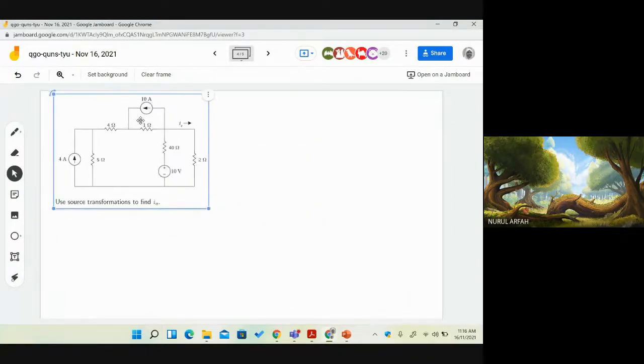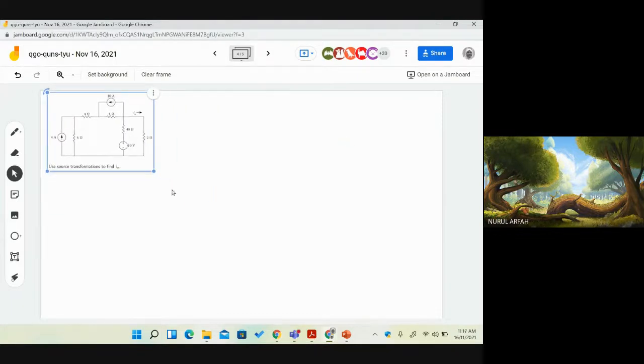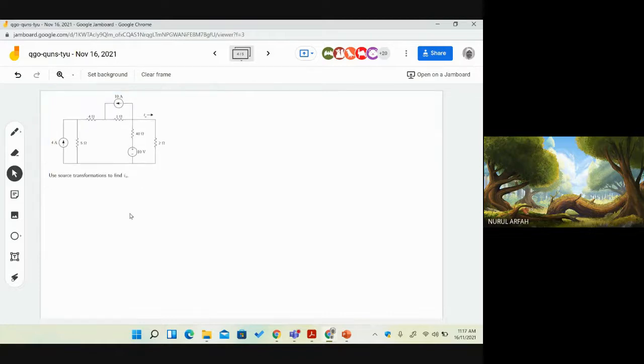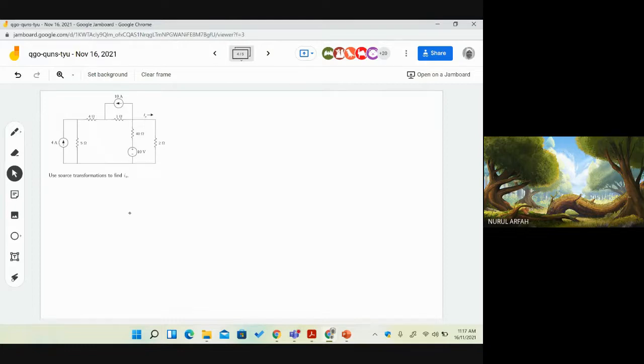Jom buatlah laju sikit. Okay, siapa nak try? Nampak ke saya buat sekecil ni? Ke nak besar lagi? Alright. Okay, volunteer, siapa nak try first? Okay, I put the 4 ohms here, you follow later. Okay, this is 4 ohms. Anyone?